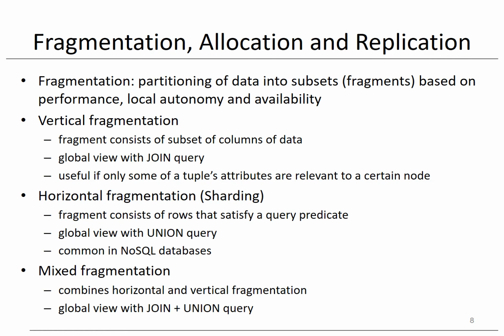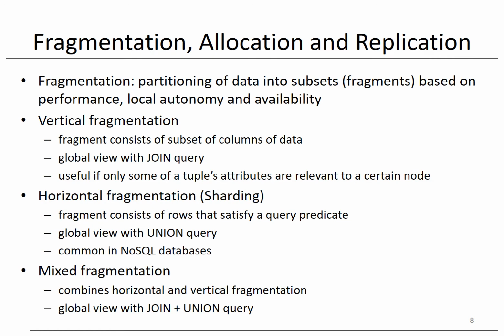Fragmentation refers to the partitioning of data into subsets, also called fragments, based on performance, local autonomy, and availability. We can distinguish between vertical fragmentation, horizontal fragmentation, and mixed fragmentation. With vertical fragmentation, every fragment consists of a subset of the columns of the global dataset.